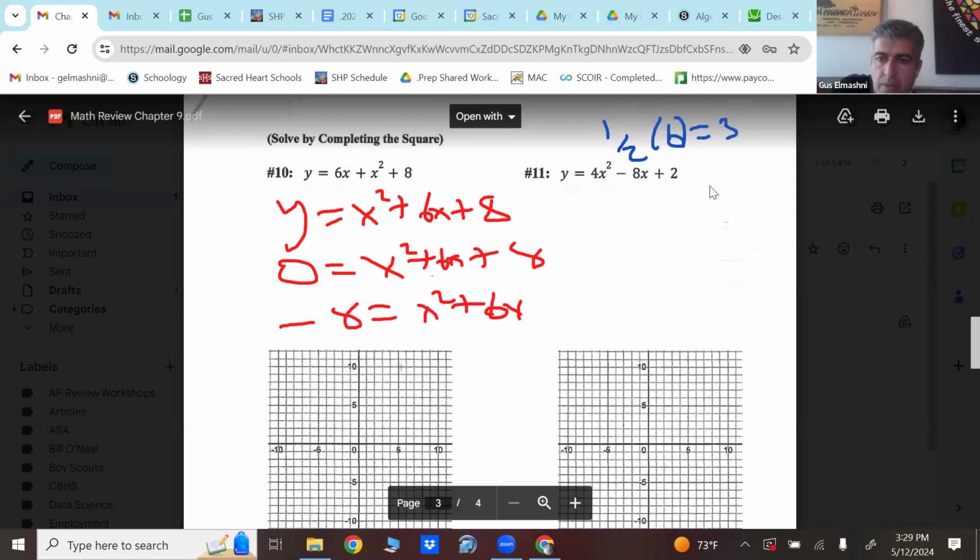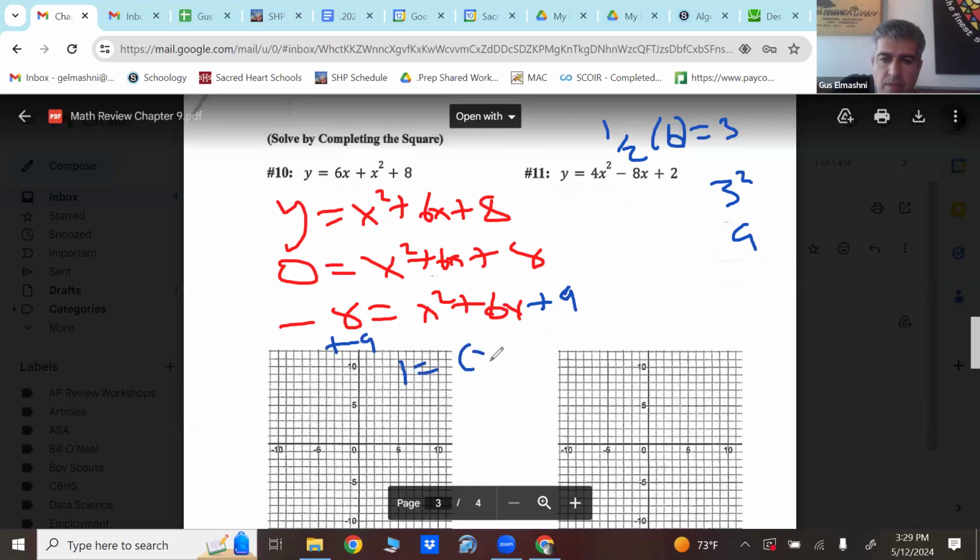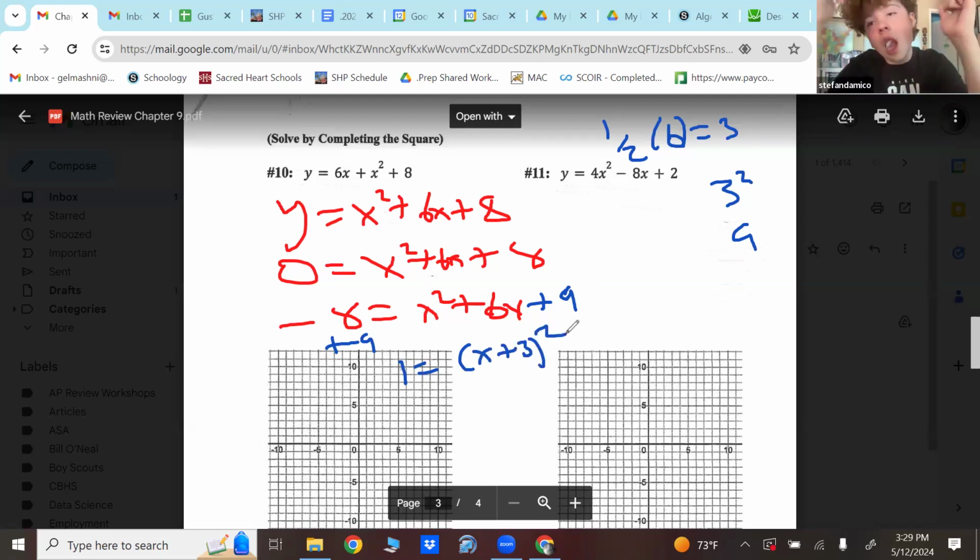And 3 squared, which of course is 9. And you add 9 to both sides. Then you factor this. The whole point for doing this is that it's factorable. How do I know to factor it this way? Because the square root of x squared is x, the square root of 9 is 3. If I FOIL it, I would get 6x in the middle. Then we square root.